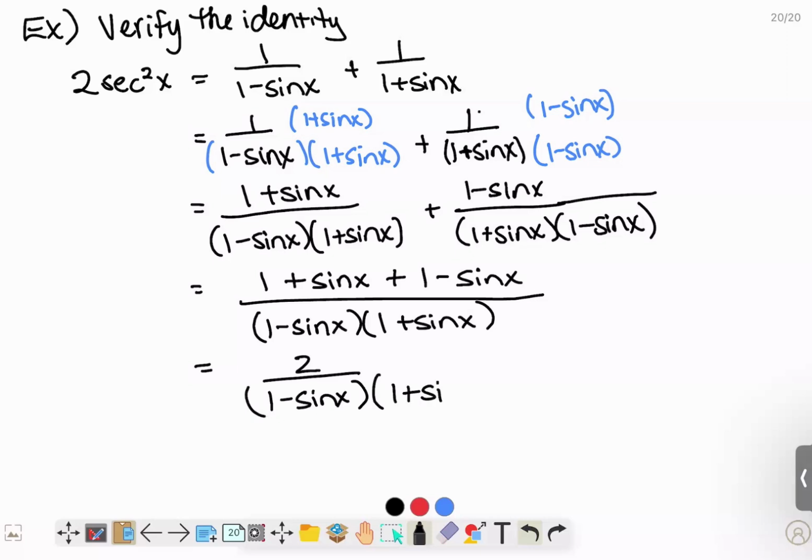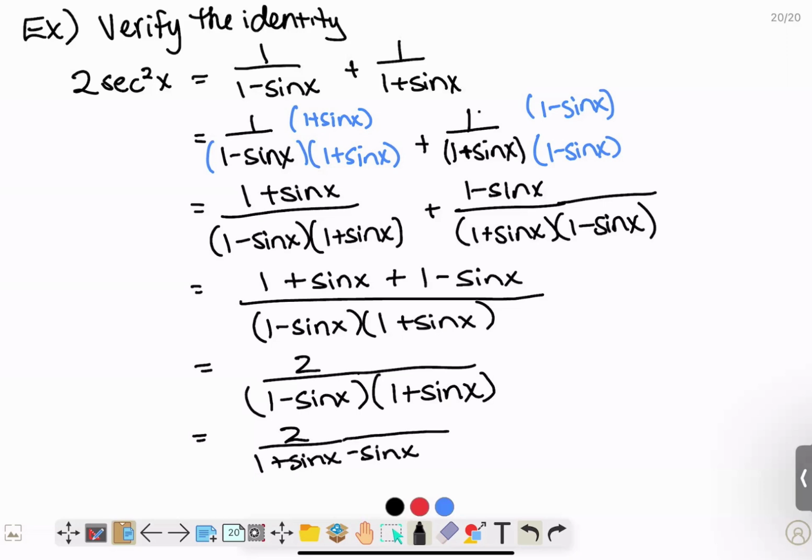This is not what I wanted. This doesn't get me where I want it to go. So I am going to multiply this denominator together, foiling it together: 1 times 1, 1 times sine, minus sine times 1, and minus sine times positive sine is a negative sine squared.